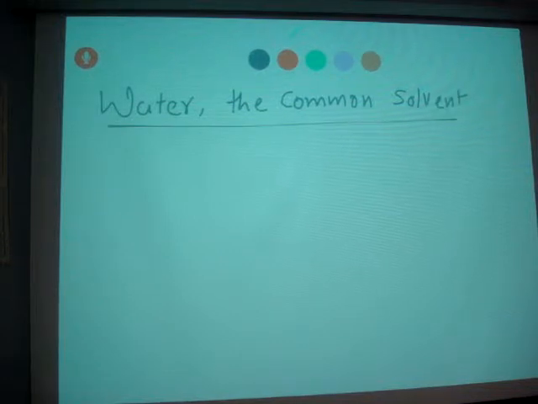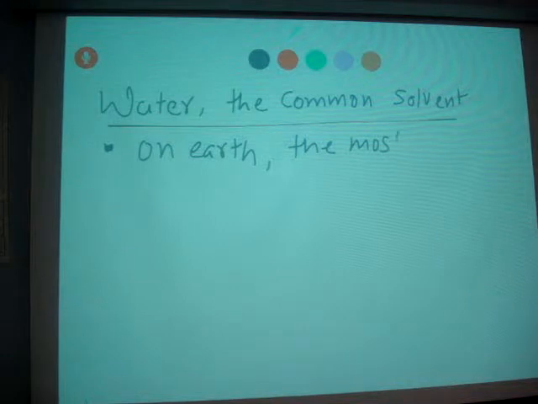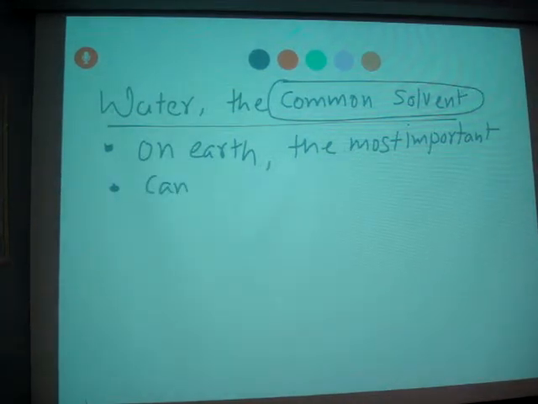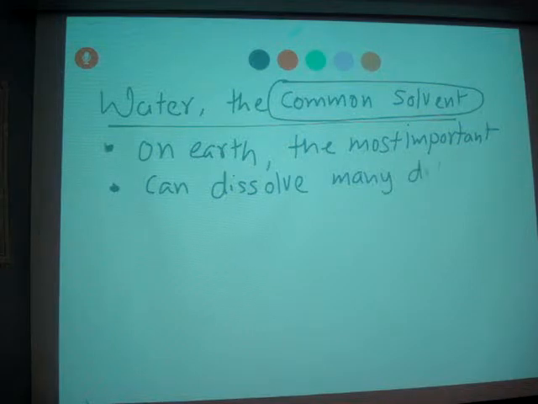You can find it on Earth, and it's one of the most important. The main reason it's a common solvent is that it can dissolve many different substances.